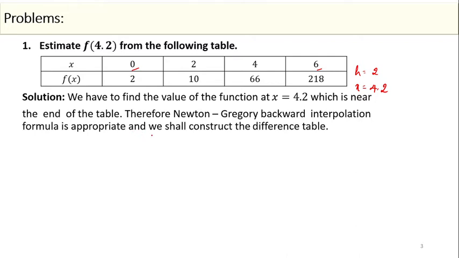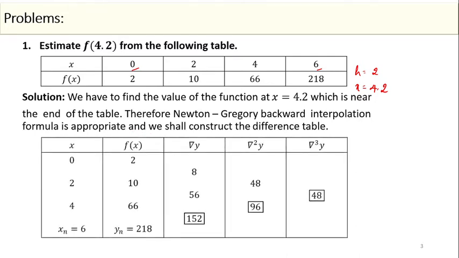Now, let us construct the difference table. In the first column, we write the values of x, that is 0, 2, 4 and 6. In the second column, we write the values of f(x), that is 2, 10, 66 and 218. In the third column, we write the first order differences, that is ∇y.